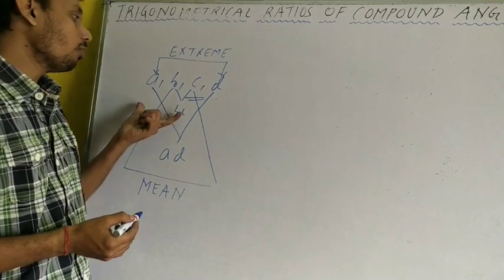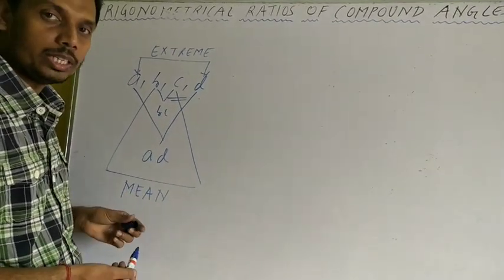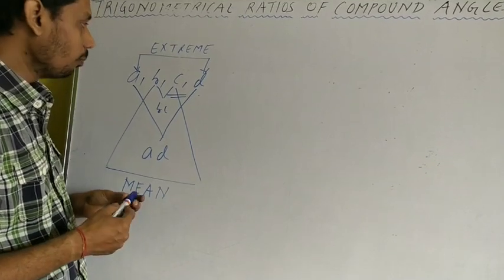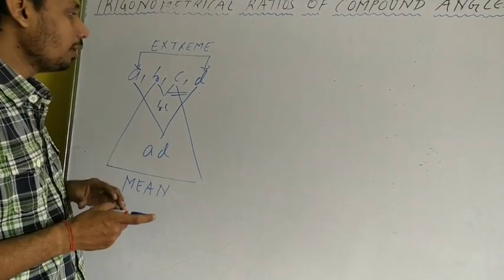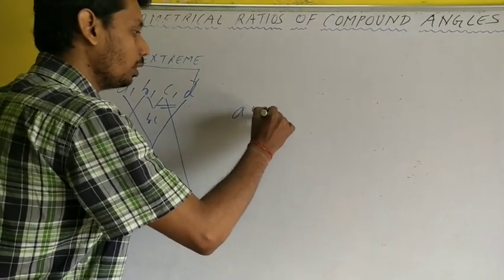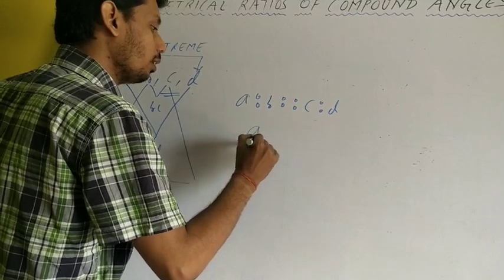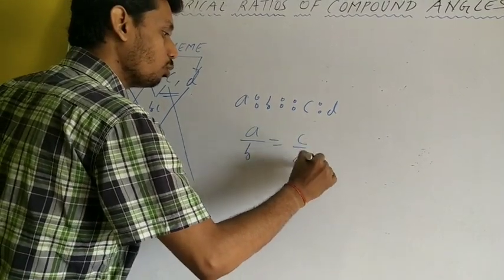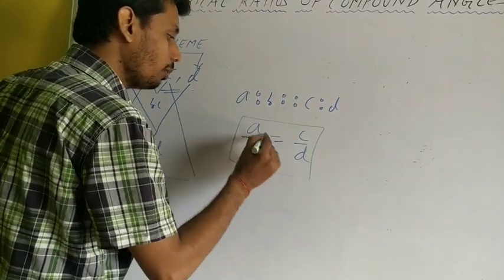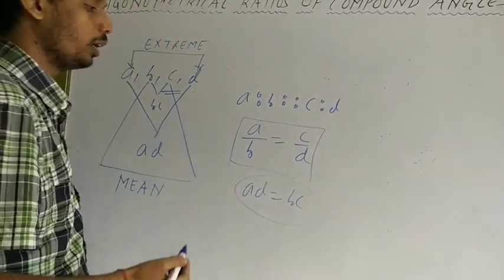When the product of extremes and the product of means become equal to each other, then we say that A, B, C, D are in the same proportion. That is, A is to B as C is to D, that is, A by B is equal to C by D. Product of the extremes A into D and product of the means B into C, so AD is equal to BC.